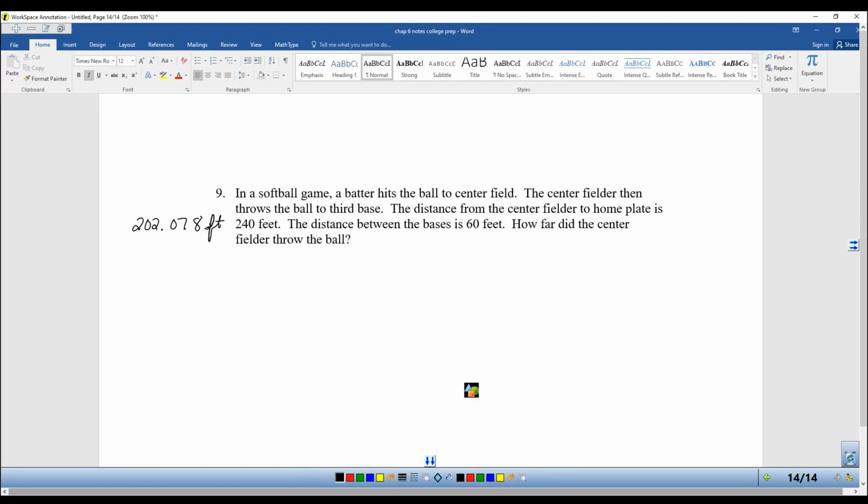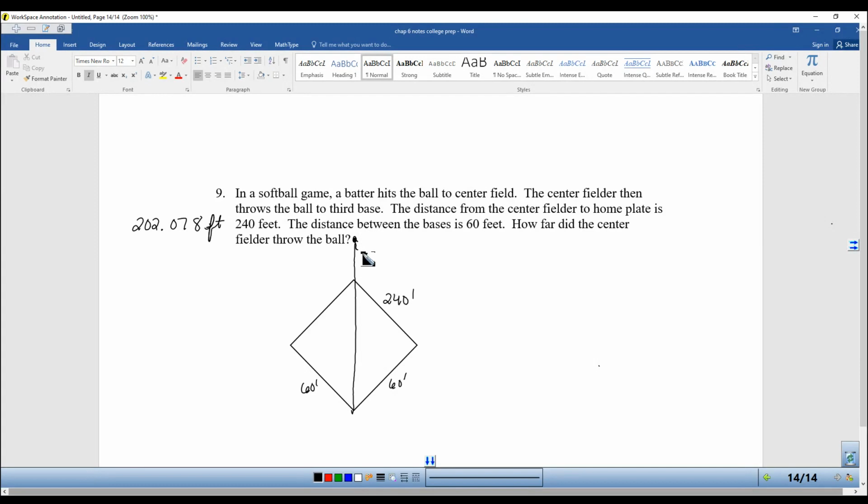So I'm going to be a little tricky again and make my baseball diamond. That was kind of handy to have that. And again, these are 60 feet, but the center fielder is way out there. I'm not drawing this to scale. But this distance is going to be 240 feet.